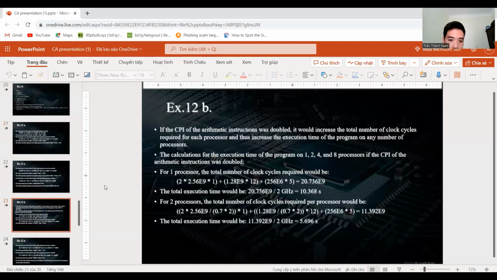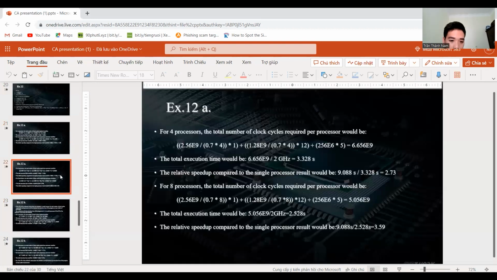Similarly, we can calculate the total number of clock cycles and execution time for 4 processors and 8 processors, which are 3.328 seconds and 2.528 seconds respectively.